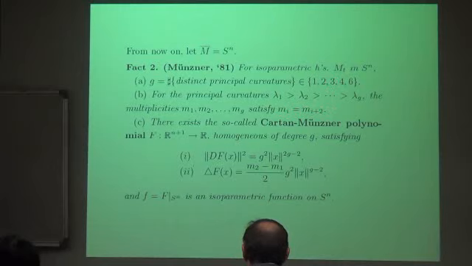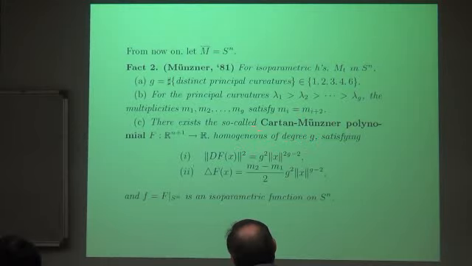And also there exists the so-called Cartan-Münzner polynomial in the Euclidean space of one dimension higher, in which the sphere lies. This is a homogeneous polynomial of degree equal to the number of distinct principal curvatures. And two PDEs are satisfied in this way.